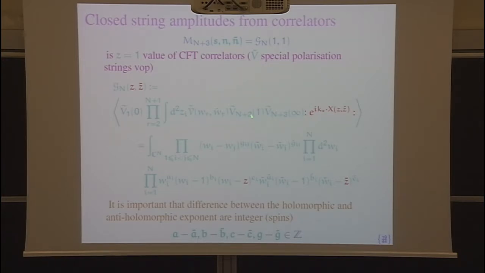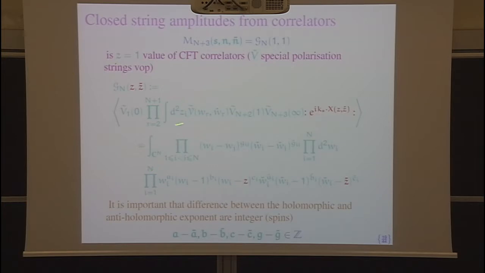I can construct my building block in any theory, for example, bosonic string, or actually any CFT. So I will use the Coulomb gas. And the only thing that I need is that the z equal 1 value is my physical building block. I don't need that this is associated with any physical correlation function. The only thing I need is that this is a correlation function in a CFT.